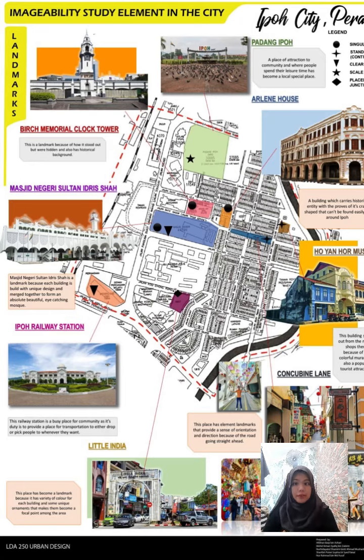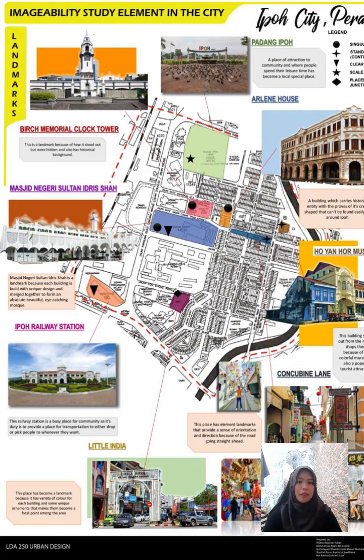Moving on to Masjid Negeri Sultan Idris Shah. What makes this mosque different from any other masjid is that each building is built with a unique design and merged together to form an absolutely beautiful, eye-catching mosque.